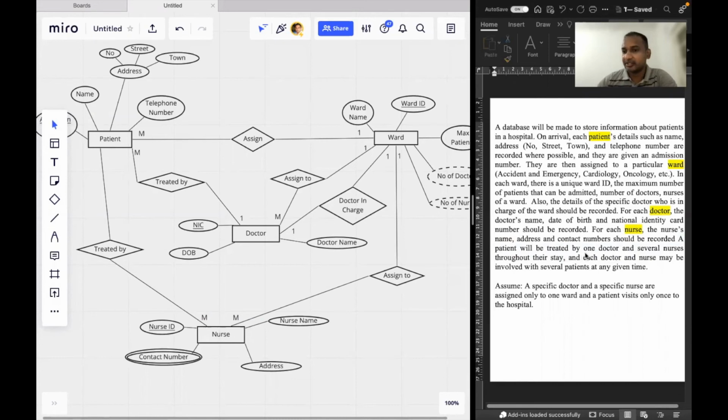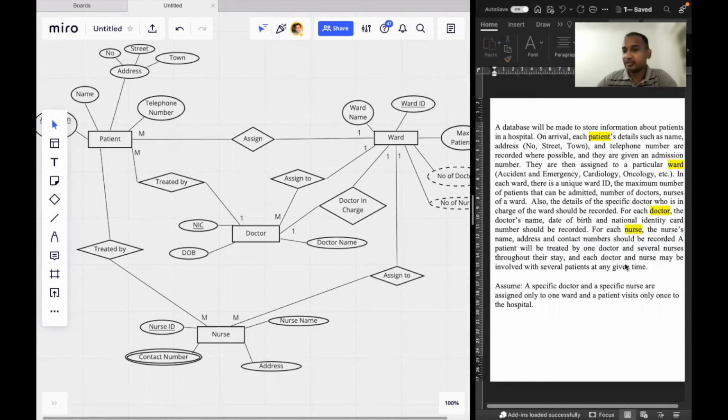Now here you can see the patient will be treated by one doctor and several nurses throughout the stay, and each doctor and nurse may be involved with several patients. That is why we put the many here also. That means each doctor is involved in many patients. In the general scenario also it is many.